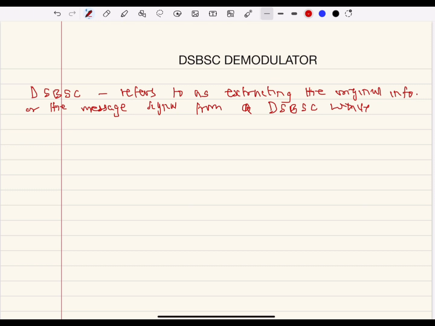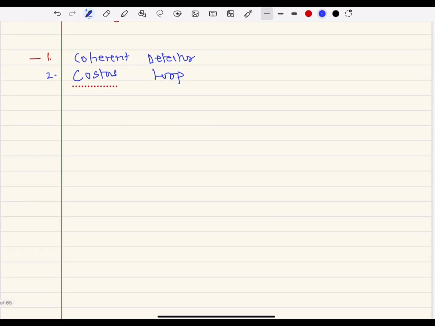It has two main types with which you can demodulate a DSBSC signal. The first one is the coherent detector, and the second one is the Costas loop, and we are going to talk about them one after the other.